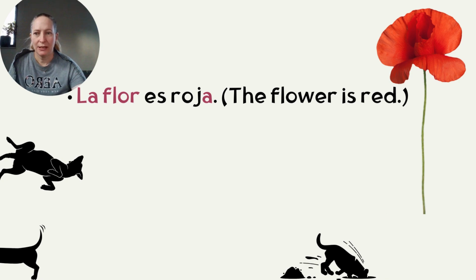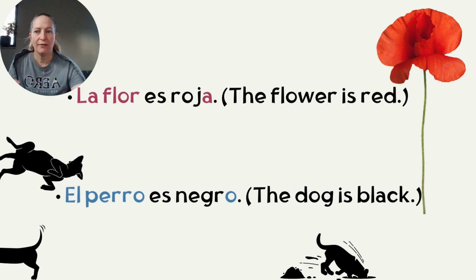But in Spanish you have to have the same corresponding word going through the whole sentence all the way through. So la flor es roja. You have the la, you see the ending a, because the word flor is a girl word, a feminine. And es means is, roja, and it ends with an a.